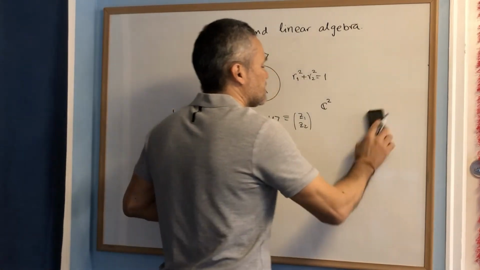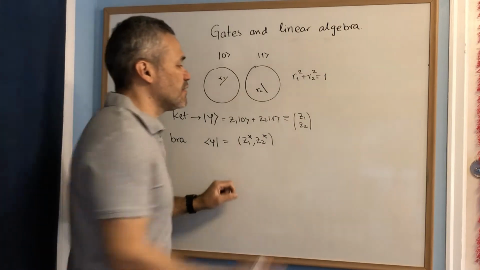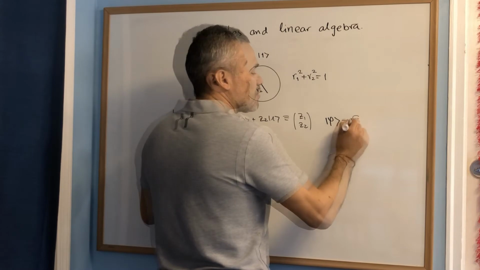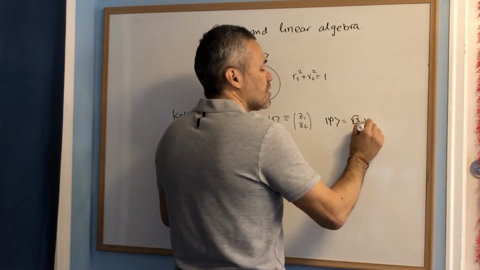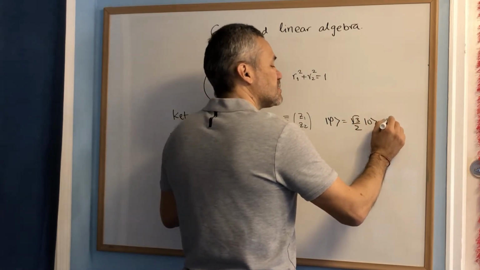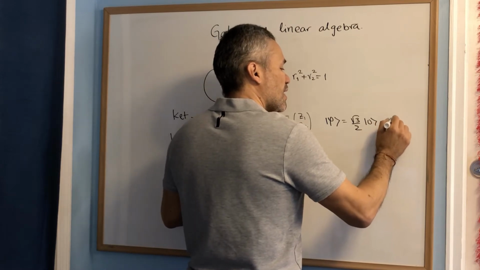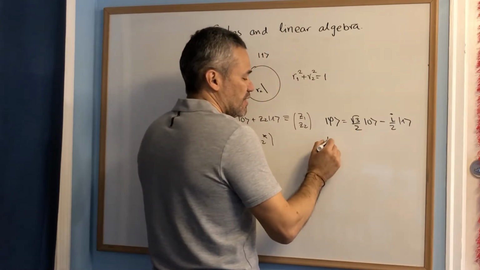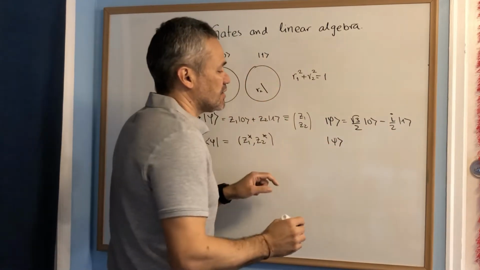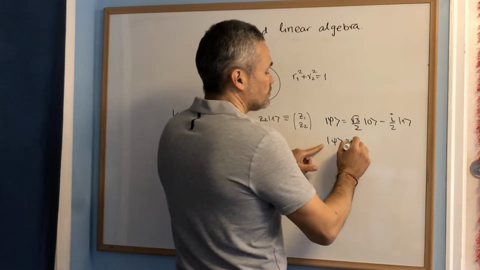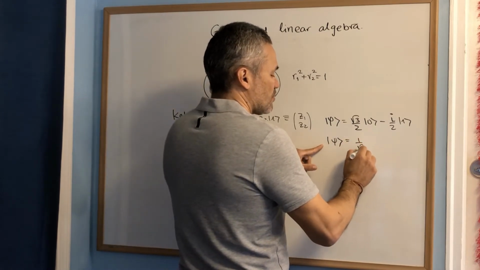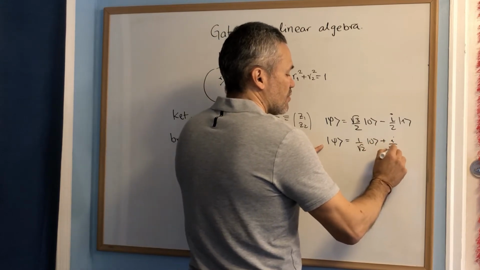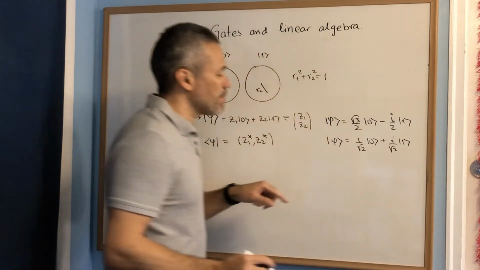Let's do an example. If we have this ket equal to the square root of 3 over 2 state 0 minus I over 2 state 1, and we have this ket equal to, let's say, 1 over the square root of 2 state 0 plus I over the square root of 2 state 1.